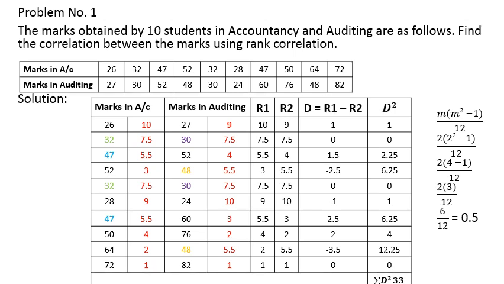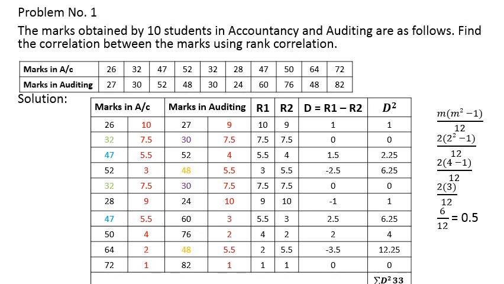Now you can see here the values are repeating. When values are repeating, how to find the correlation? You can find it using the method of rank correlation in case of repeated ranks, or Spearman's rank correlation in case of repeated ranks.